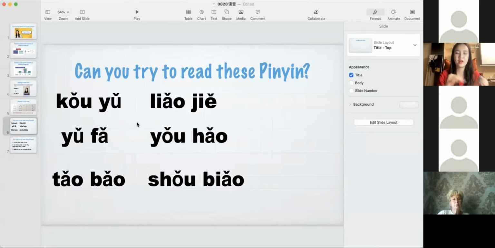These words are all like 2 third tones combined together, and you just simply change the first character into the second tone. It's not a hard thing because when you speak fast, you can't really move your head twice, like 你好. When you say it, you just automatically change into the second sound.